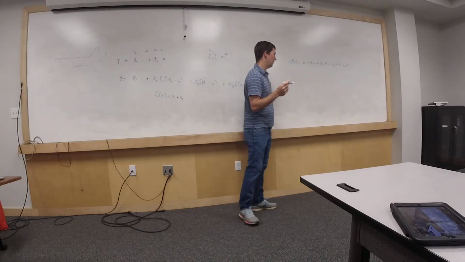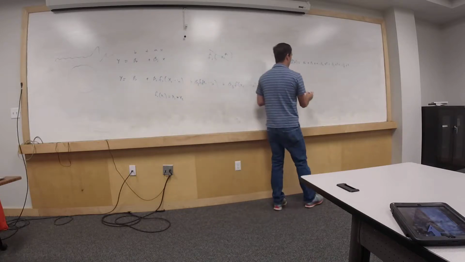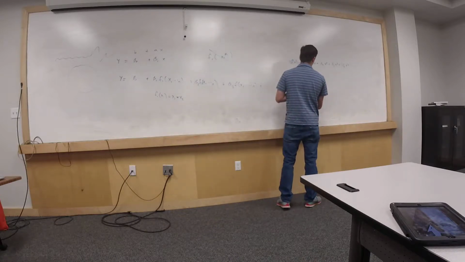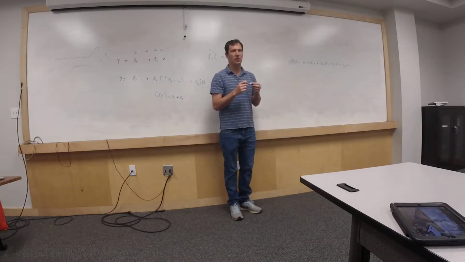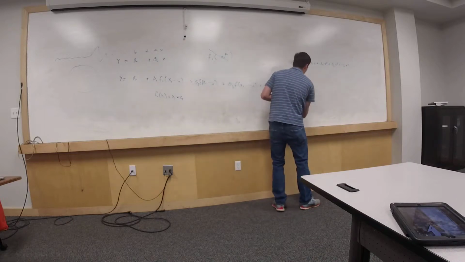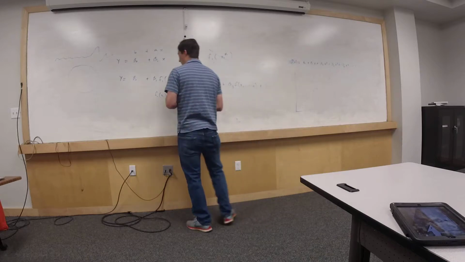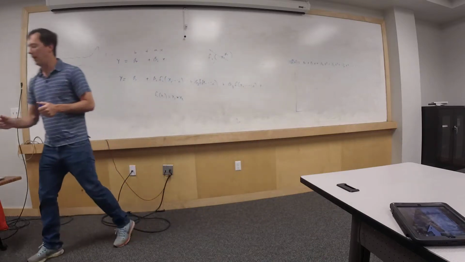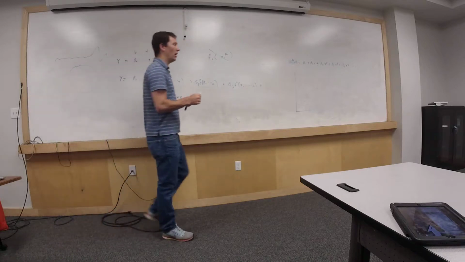So let's take a look at a simple example to see why that's the case. Let's say my data looks like this. If I do a linear regression on this, it's just a line.